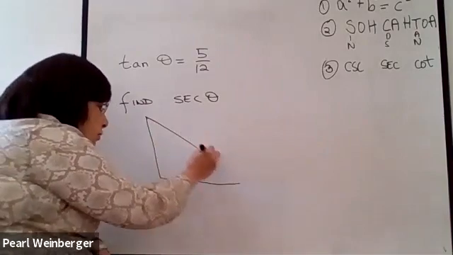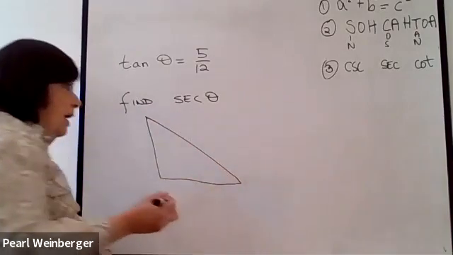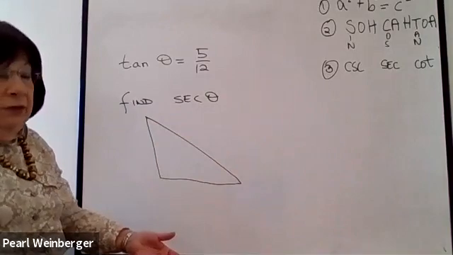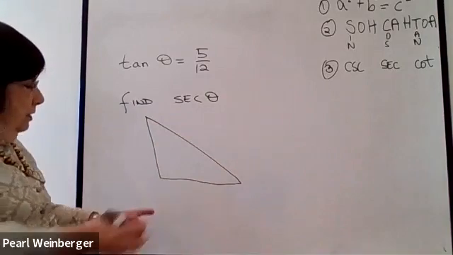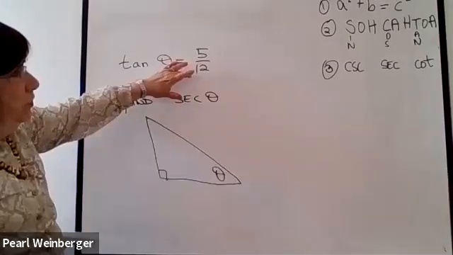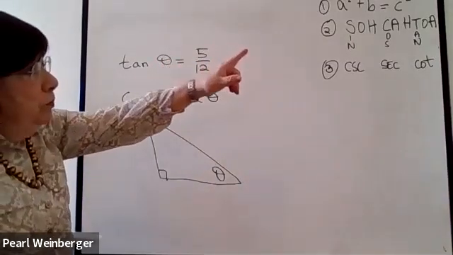Once I'm drawing my triangle, I could put my theta any place I want. Obviously, it's not here because that's a right angle. I always like to put it at the bottom here. Now, what did they tell me about this? They told me that the tangent of theta is 5/12.